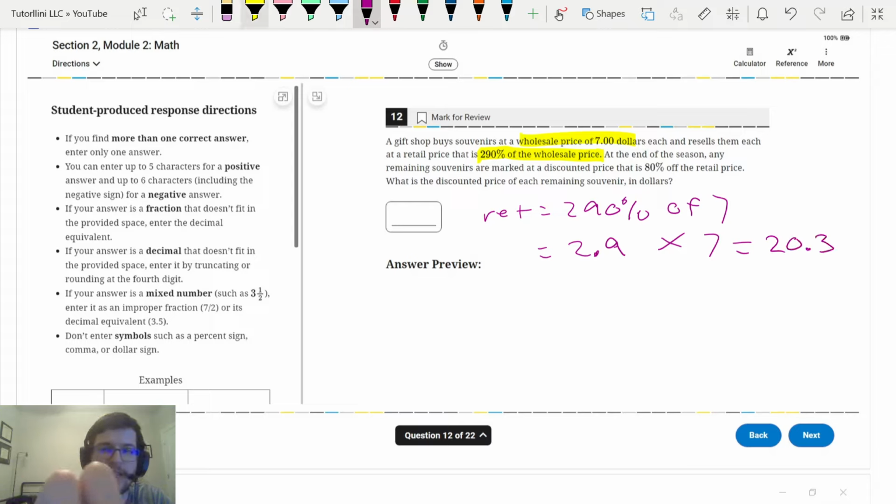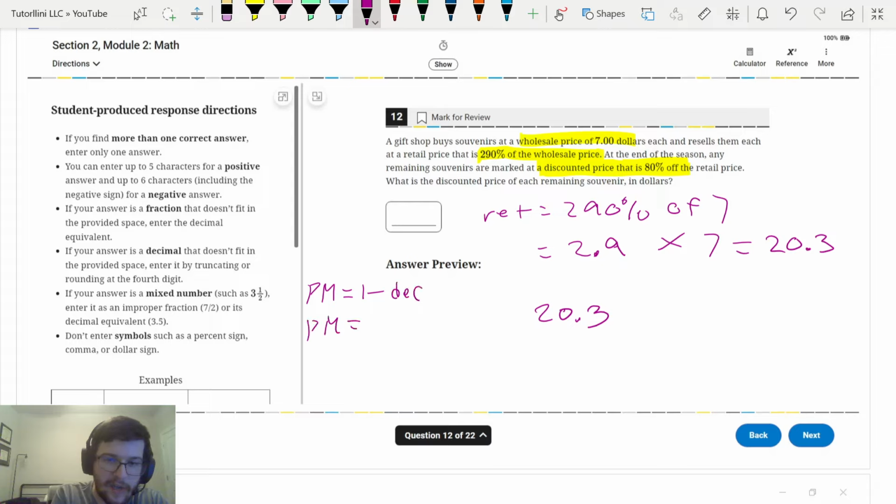Now it says it's discounted at a price that is 80% off. So 80% off, that is a percent decrease. So we're going to do 20.3. The percent multiplier for a decrease is equal to 1 minus the decimal. So 80% off, that's 0.8 as a decimal. So the percent multiplier is 0.2.